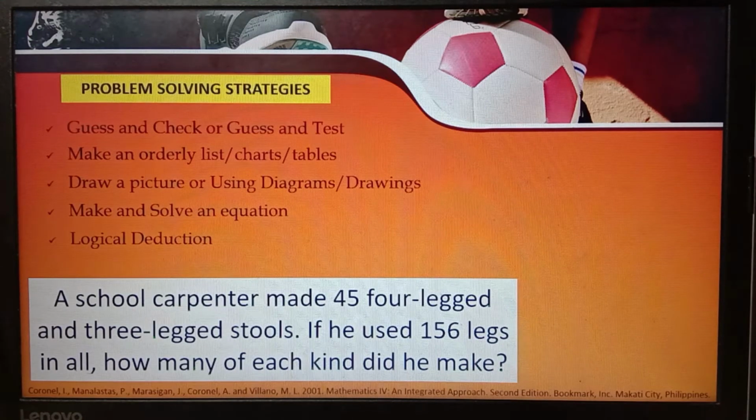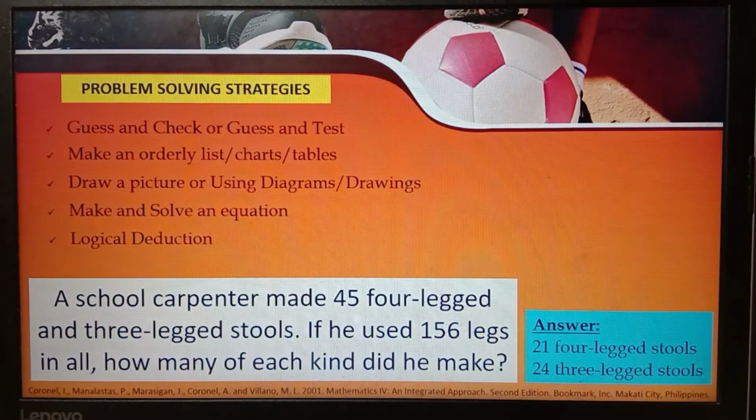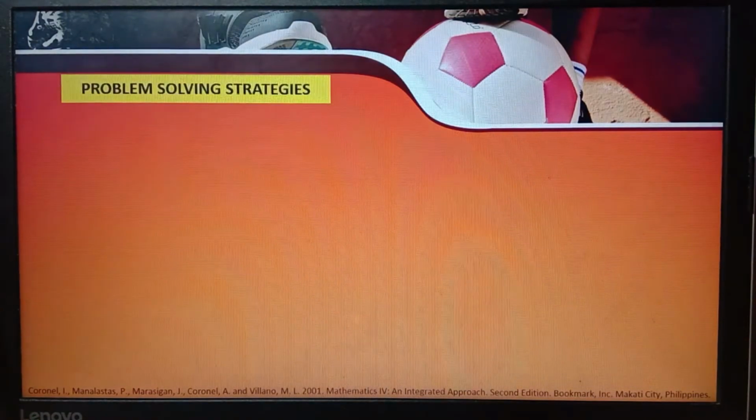I have also created a video lecture on how to solve these problems using these different strategies. With whatever strategy you use, you must arrive at only one answer: 21 four-legged stools and 24 three-legged stools.